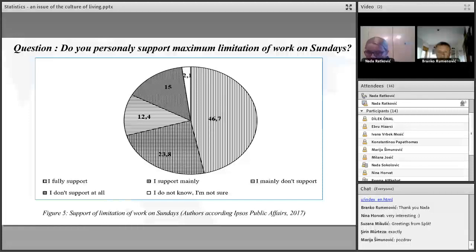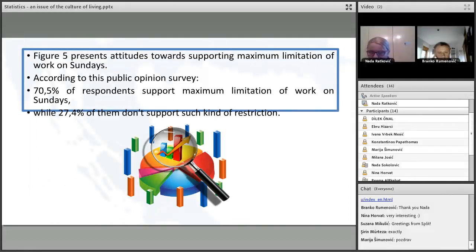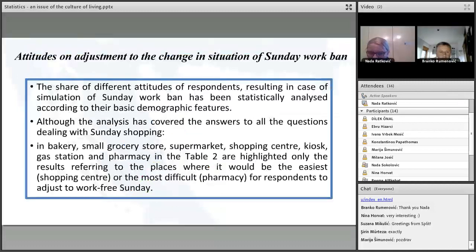Do you personally support maximum limitation of work on Sundays? Almost 47% say, I fully support. That is the answer, I fully support. So I tell you that 70% of respondents support maximum limitation of work on Sundays.